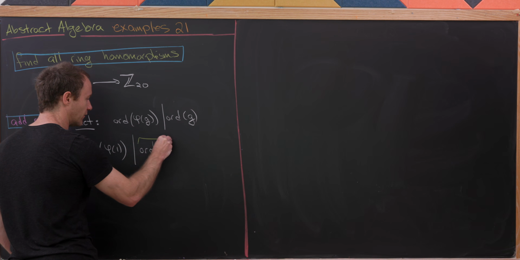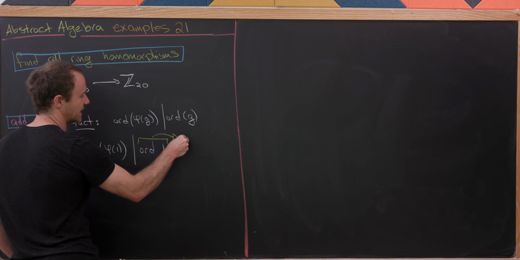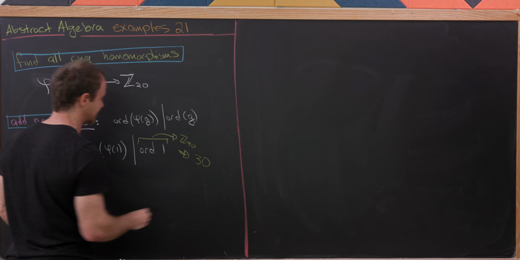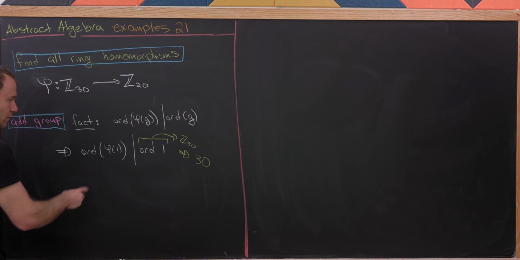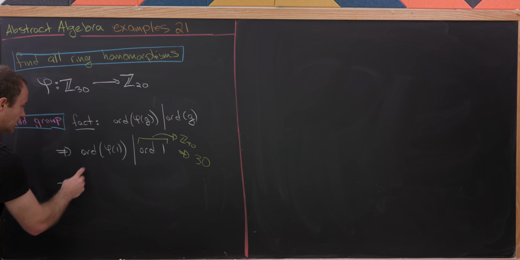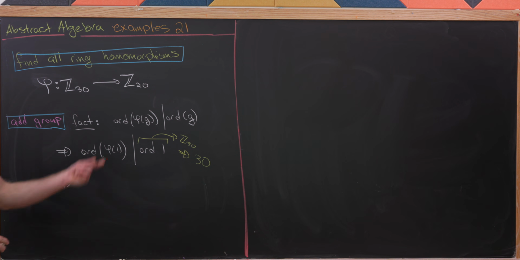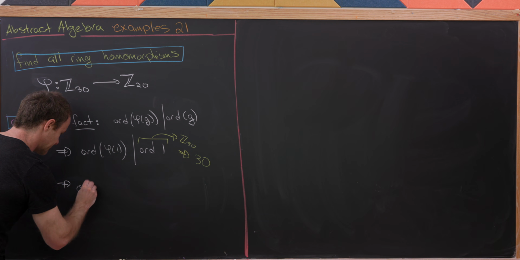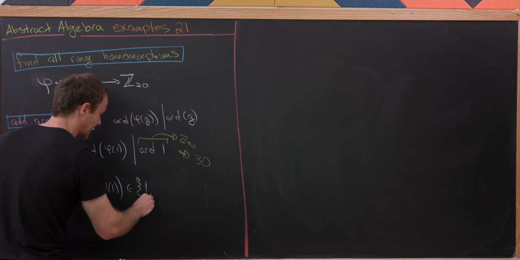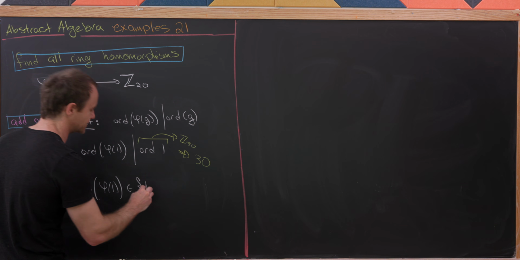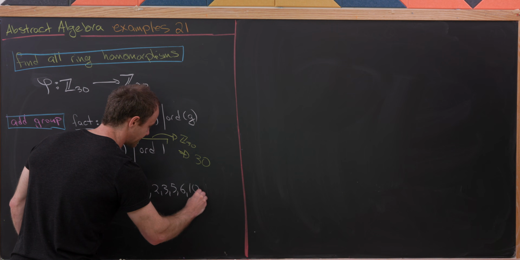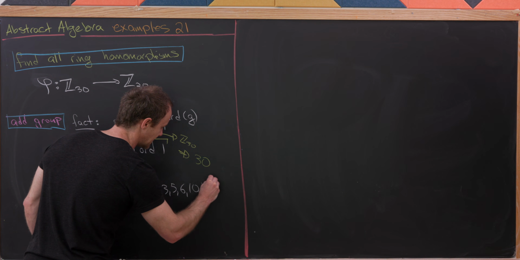But this order of 1 is occurring over here in Z30, so the order of 1 is 30. So we know the order of phi of 1 must divide 30. That means that the order of phi of 1 must be a divisor of 30. So we have the order of phi of 1 comes from a fairly small set: 1, and then let's see the divisors of 30, so 2, 3, 5, 6, we have 10, we have 15, and that's it.